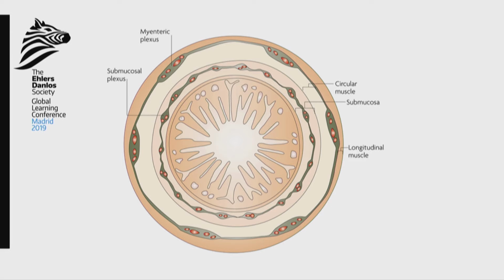This is where the food resides, and all these finger-like projections are part of the small intestine, where they help to recognize the nutrients present in our gut and help to absorb them. Underneath that layer is a layer called the submucosa. This is where there is a rich plexus of nerves within it. There are various glands within it as well.